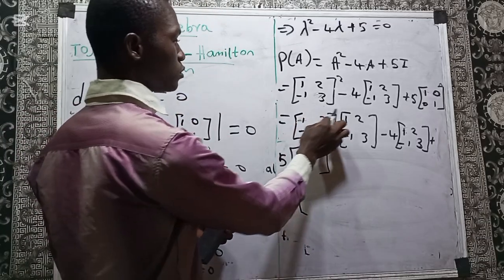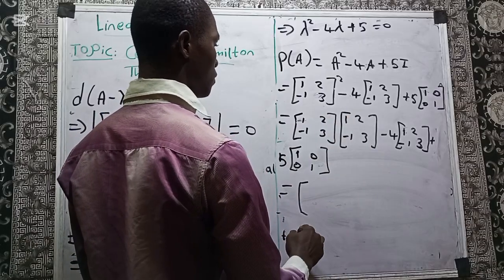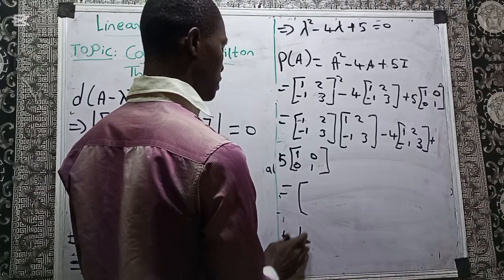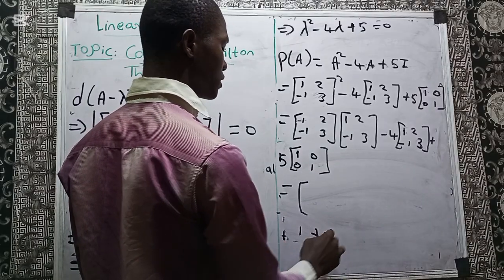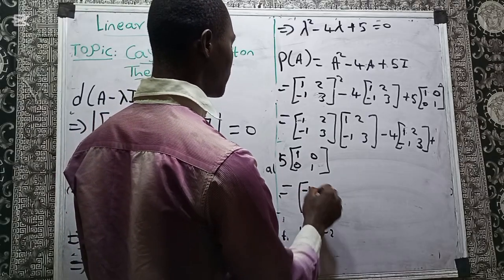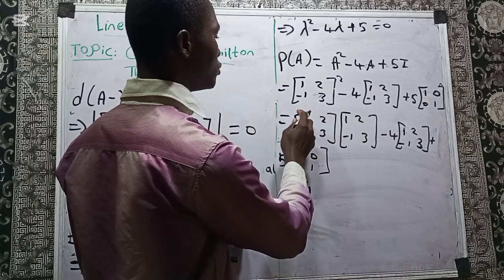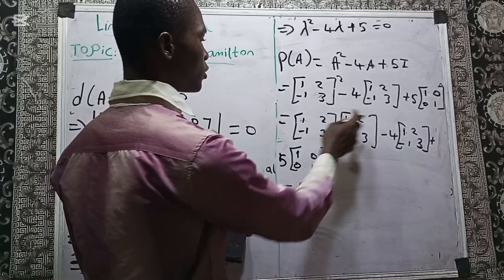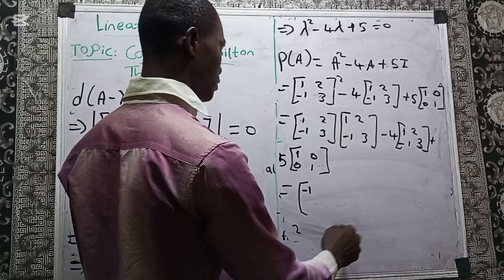So this will be equal to, let's multiply. You use the row to multiply the column. 1 multiplied by 1, 1. 2 multiplied by negative 1 will be what? Negative 2. So you add both of them, you are going to get negative 1. So next, you use this first row to multiply the second column. 1 multiplied by 2, you get 2. 2 multiplied by 3, you get 6.